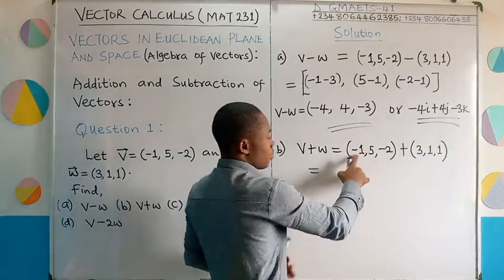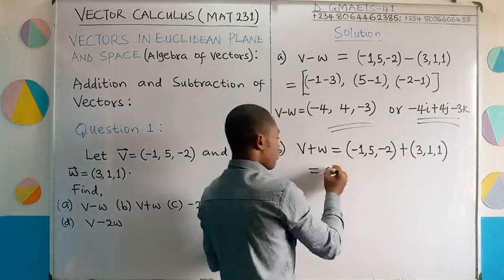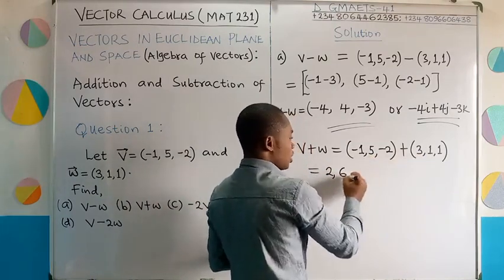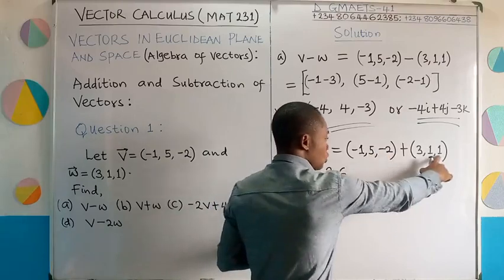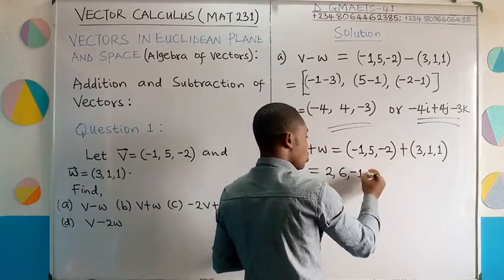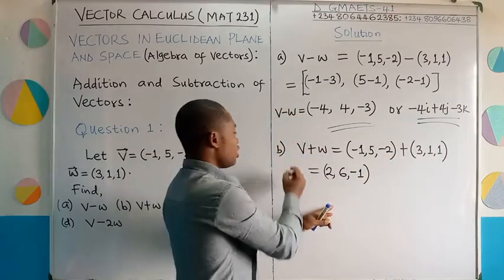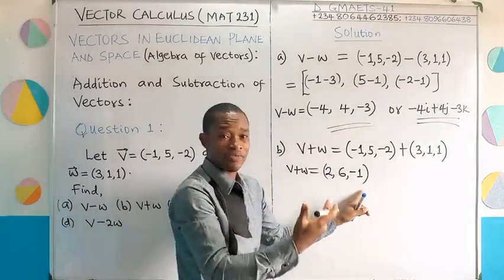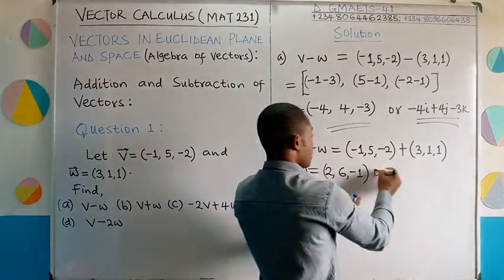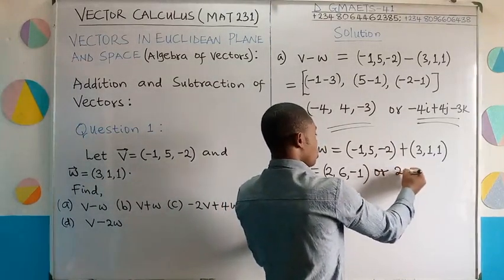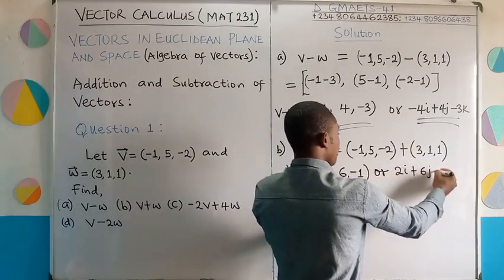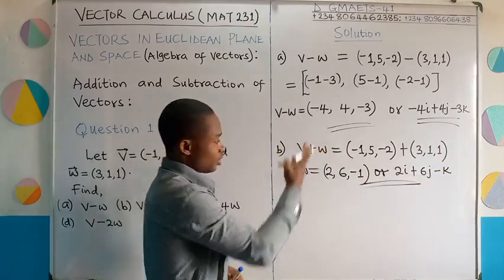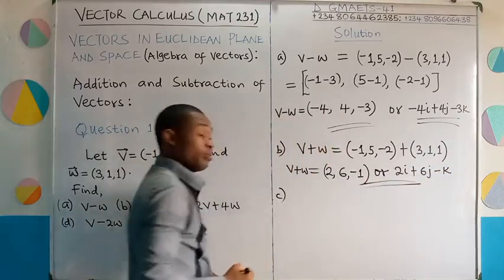So doing this, -1 plus 3 will give us 2. Then the next, 5 plus 1 will give us 6. And then the next, -2 plus 1 will give us -1. And of course, this is the value of v plus w. You may choose to write it with your specific unit vector value. So I can say this is 2i plus 6j minus k. So any one of these is the value of the B part of the question.